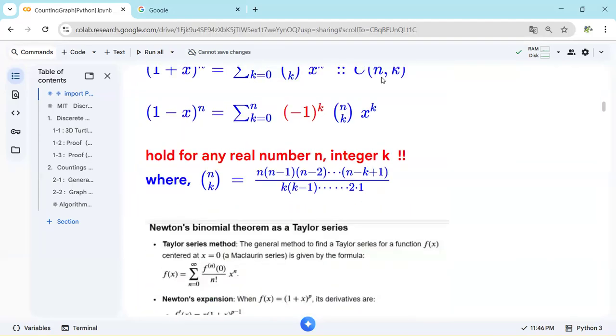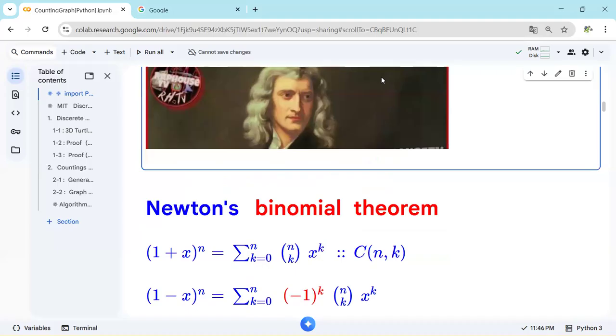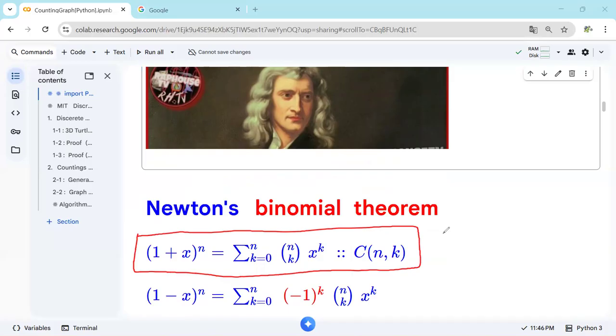In fact, the original binomial theorem is this one, and in this case, n and k are all integers.